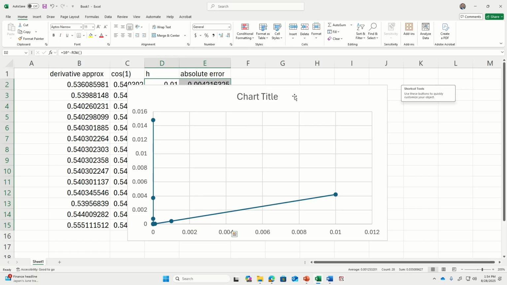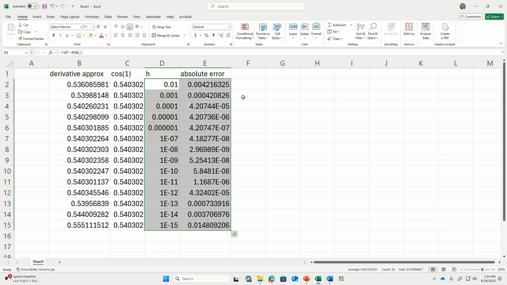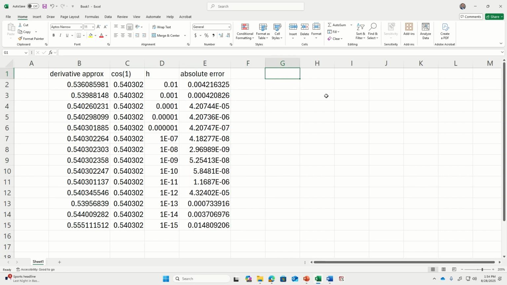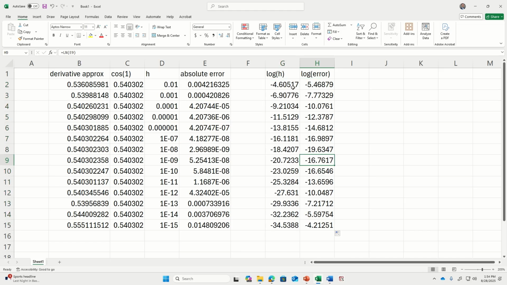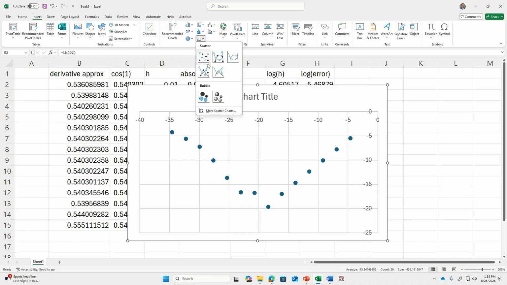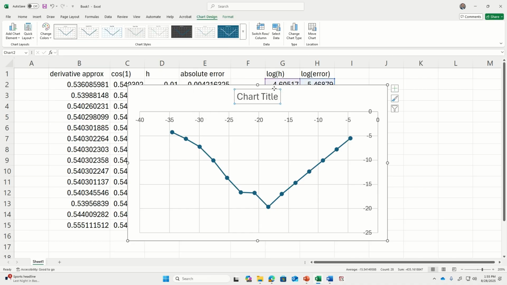Rather than doing that, I'm going to do a log-log plot, which is to say, I'm going to take the log of the step size and the log of the absolute error. And when I say log, I mean the natural log of these things. You remember the natural logarithm is a strictly increasing function, so this is still directionally telling us how everything works, even if it doesn't give us the exact values.